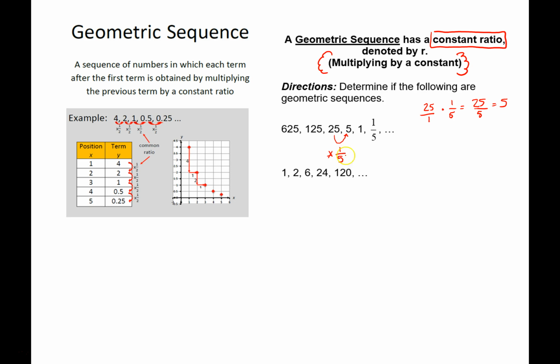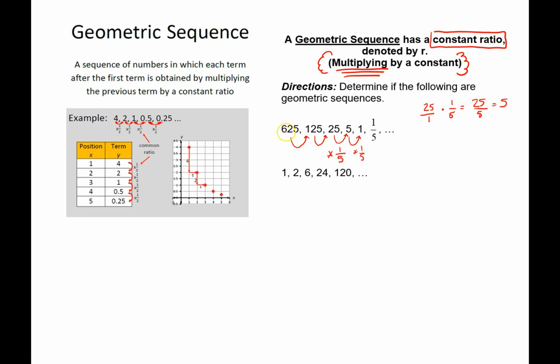So what I want to see now is if I do the rest of these, am I also dividing by 5 or multiplying by 1/5? And we are going to always write our patterns for geometric sequences as multiplication. Okay, so we're multiplying by 1 over 5. We are not writing this as dividing by 5. We got to write it as a fraction if it's division. So if I keep going, 5 times 1/5, or 5 divided by 5, is 1, so that works.